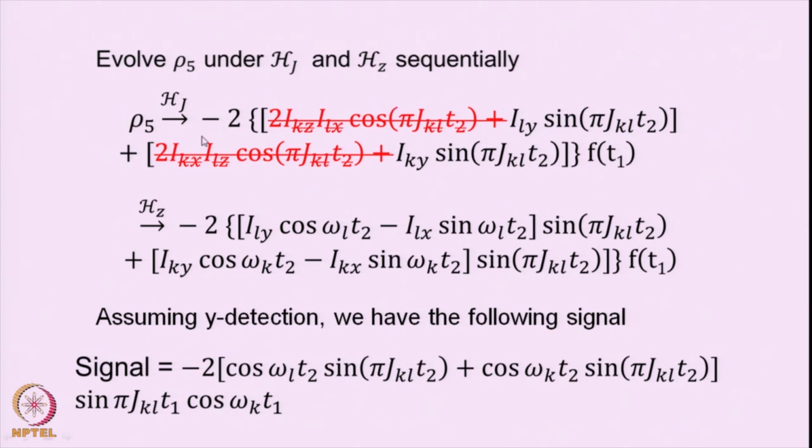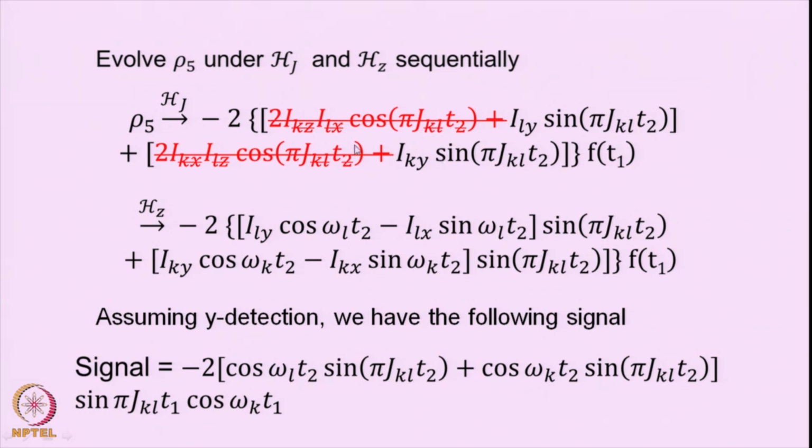Let us first consider the J evolution. If I do the J evolution, I take the 2 factor inside, so I keep the second one here, minus 2, and then this gives me 2 IKZ ILX cosine pi J KL T2 plus ILY sin pi J KL T2. The second term gives me 2 IKX ILZ cosine pi J KL T2 plus IKY sin pi J KL T2.